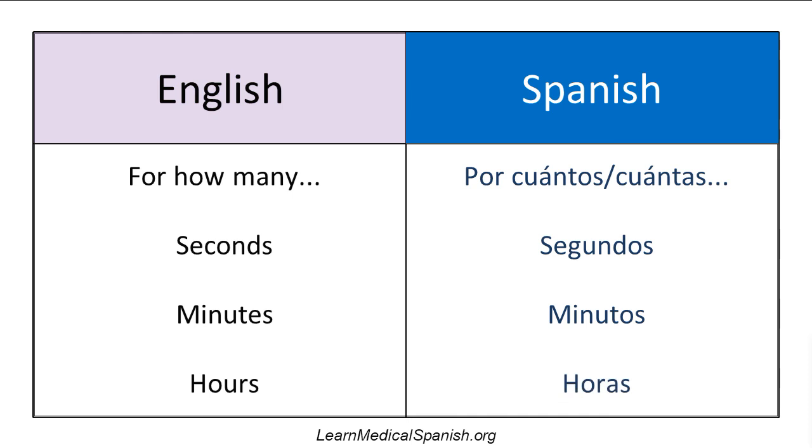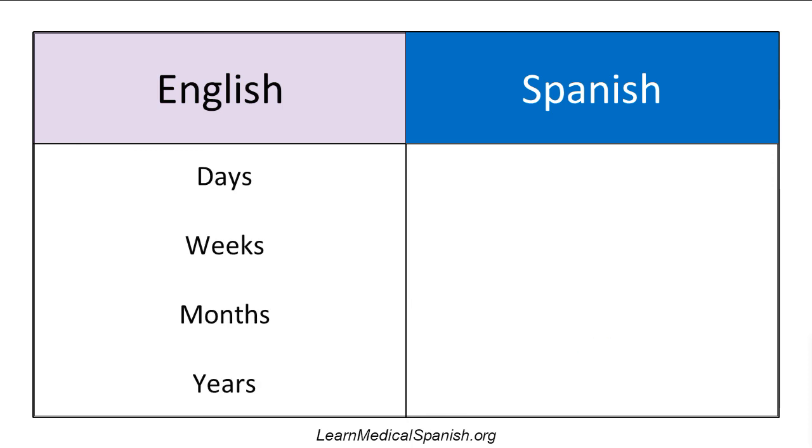Horas. And again, you could say por cuántos minutos, for how many minutes, or por cuántas horas, for how many hours. So you change the form of that word how many depending on what comes next.